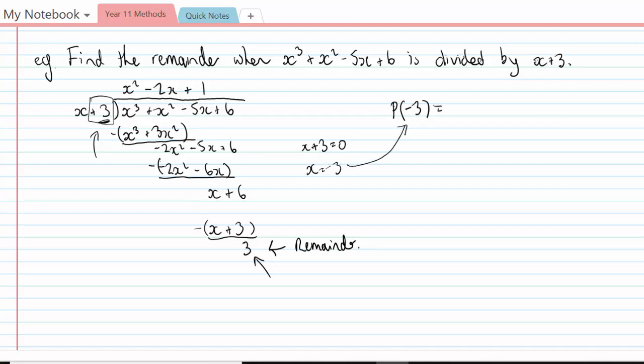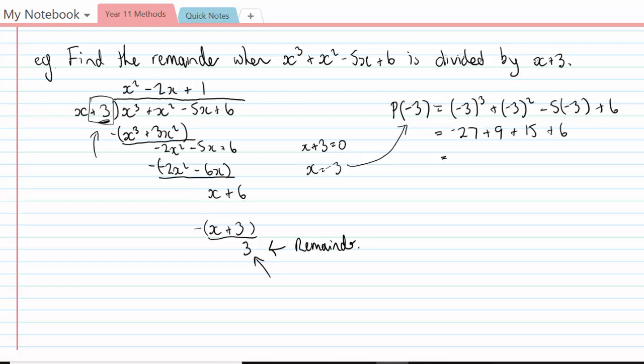And when I do p of negative 3, that's going to be negative 3 cubed plus negative 3 squared minus 5 times negative 3 plus 6. And that first part is negative 27 plus 9 plus 15 plus 6.